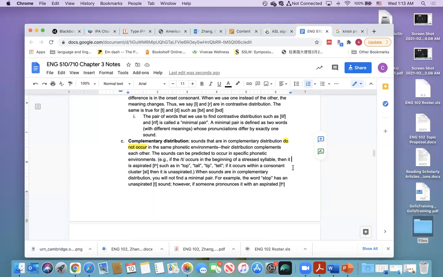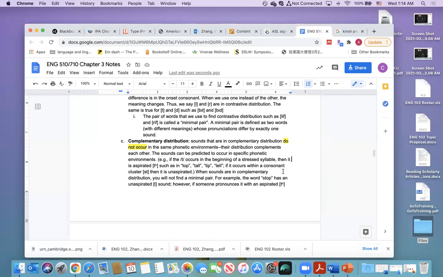For example, if t occurs in the beginning of a stressed syllable, then it's aspirated, such as in top, tall, tip, tell. Okay. Again, aspirated sounds are the ones that are pronounced with a puff of air coming out of the vocal tract.